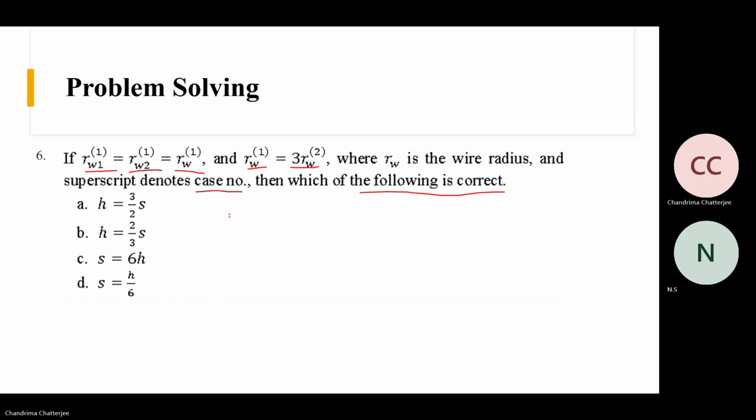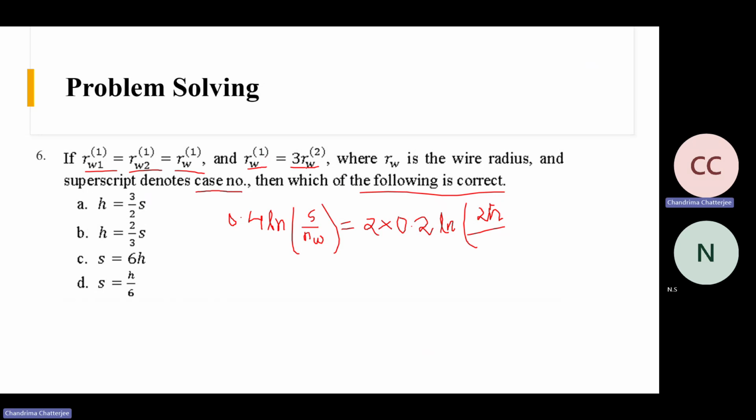So let's see. 0.4 ln S by Rw1 is equal to 0.2 ln 2H, where H is the distance between the conductor and ground for the second case, by Rw2. Here Rw1 is equal to 3 Rw2.